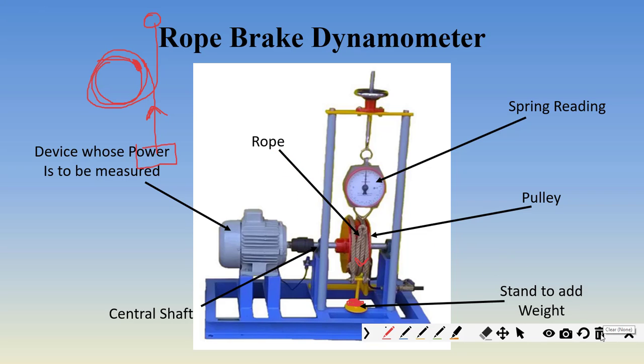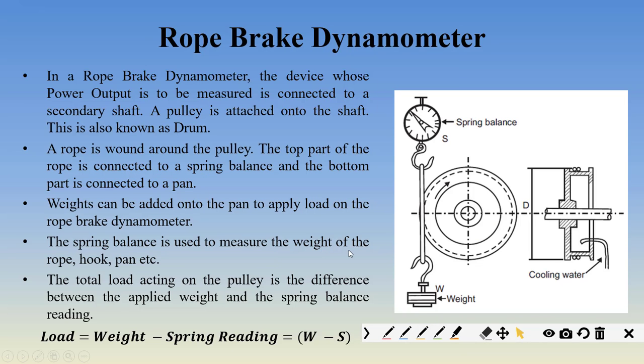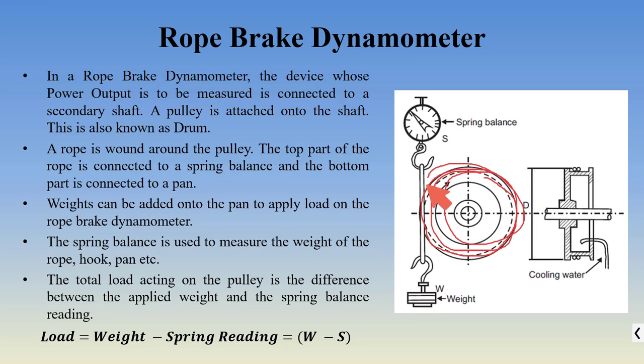Now if you want to do the mathematical analysis of this rope brake dynamometer, how can we find the actual amount of torque which is applied because of it? See this diagram. This is our pulley, and there is rope on that pulley which is going round and round.